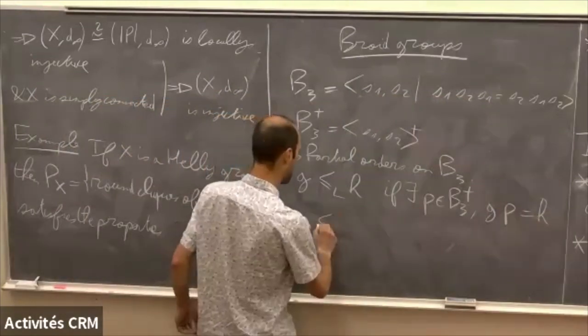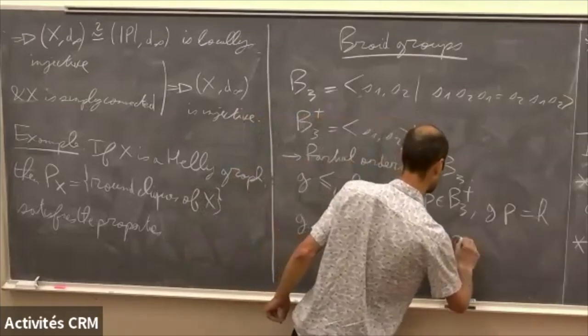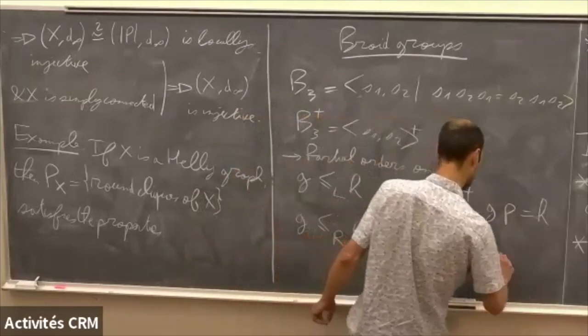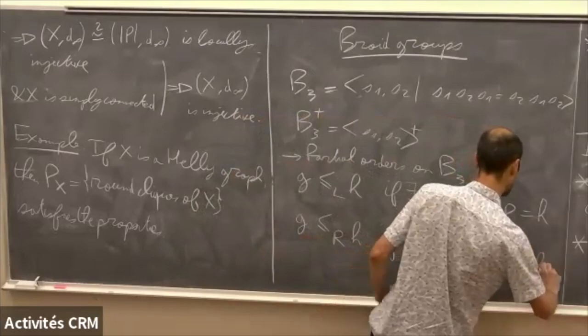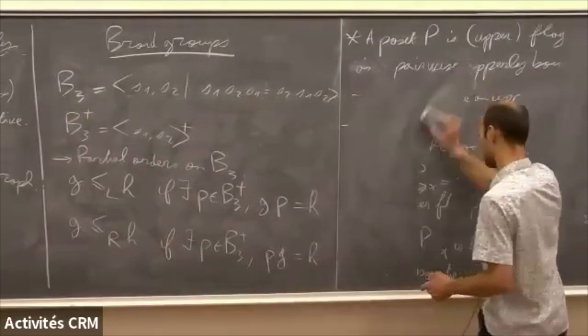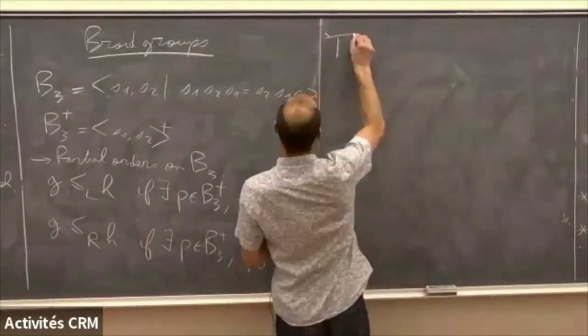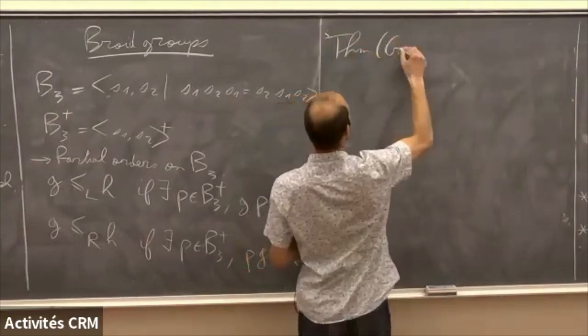And the other one, the right order, if there exists a P such that PG is equal to H. And why are these orders important? It's because of the following result of Garside.